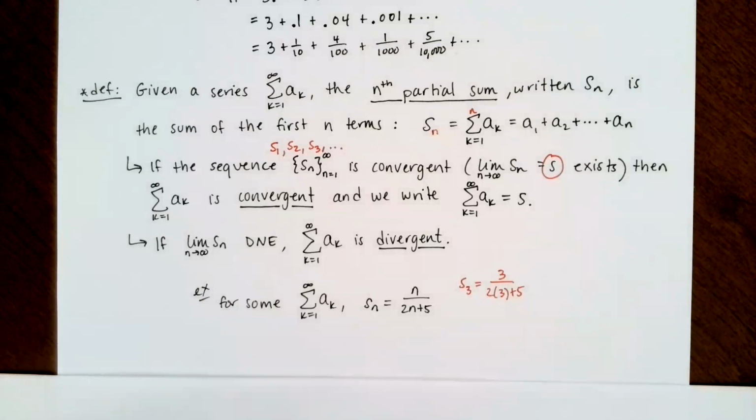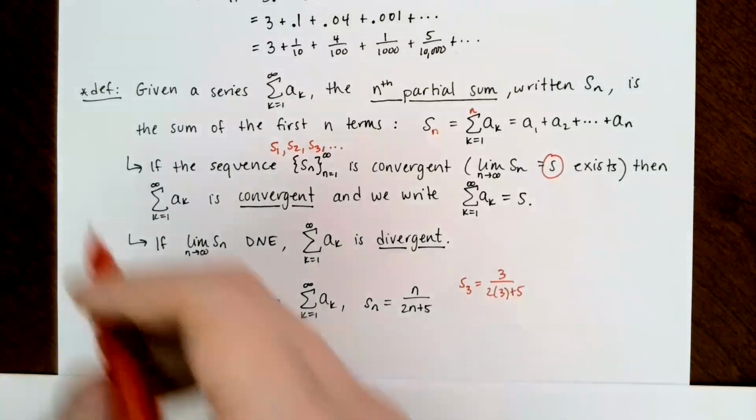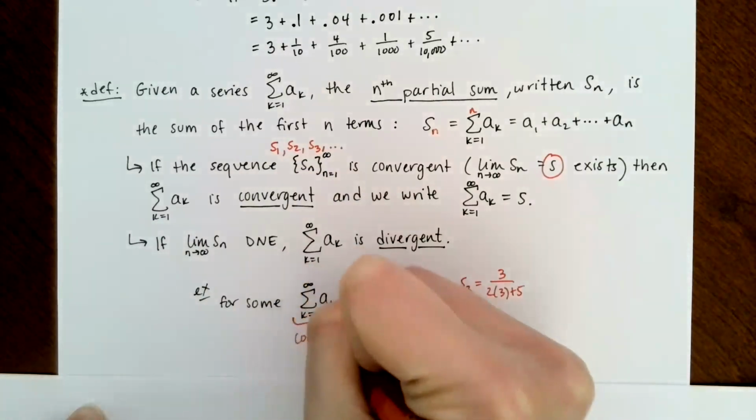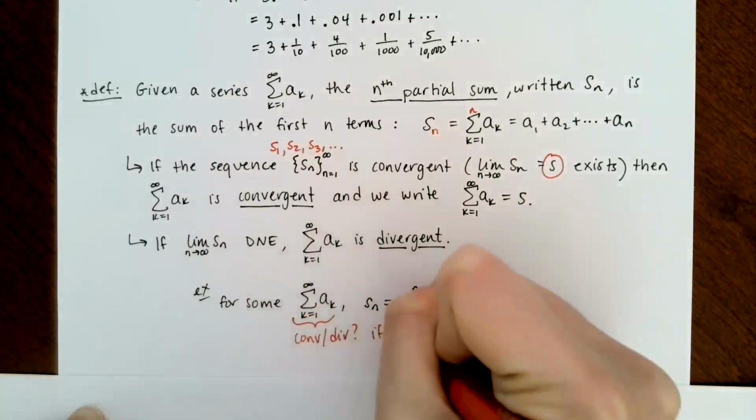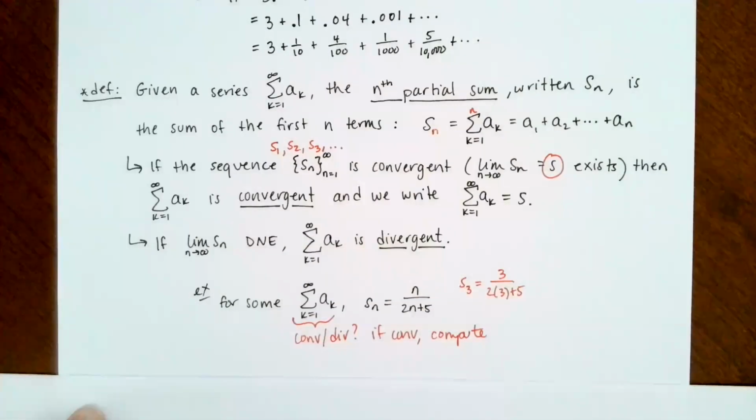Okay, so if we're asked the standard question for this section, which is, does this series converge or diverge? And if it converges, find the value. So converge or diverge. If converge, compute the actual sum.